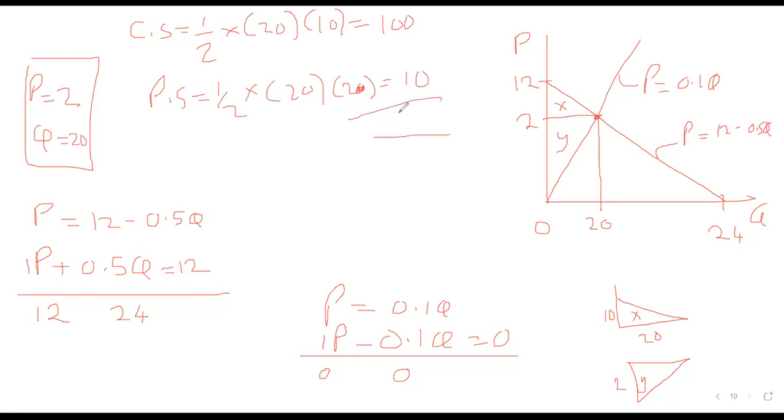And when we total up, we get 110. This is called our total surplus. Our total surplus is 110. All right, so this is how we do demand and supply. Unless there are any questions?